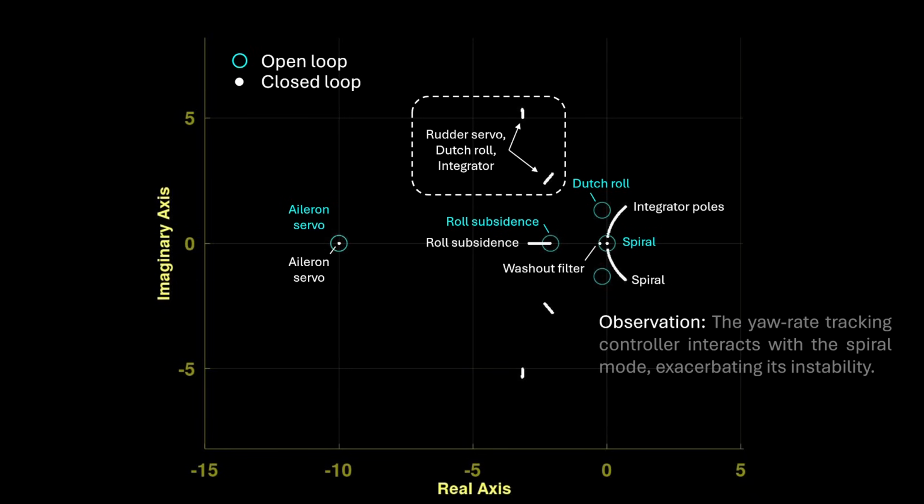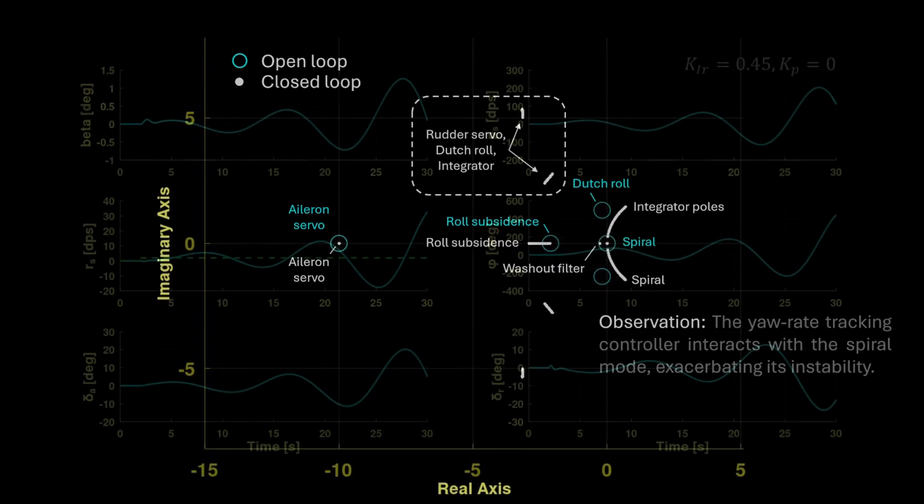There must be something destabilizing about the interaction between the spiral mode and that integrator. Clearly, one source of instability is the additional 90 degrees of phase lag that the integrator creates, apparently eliminating the phase margin that the system had.